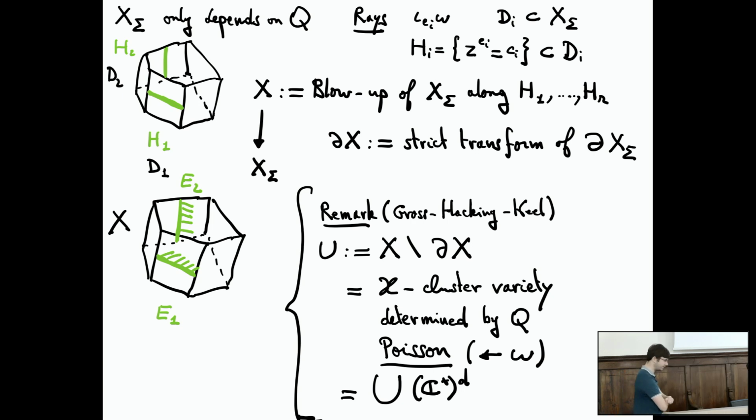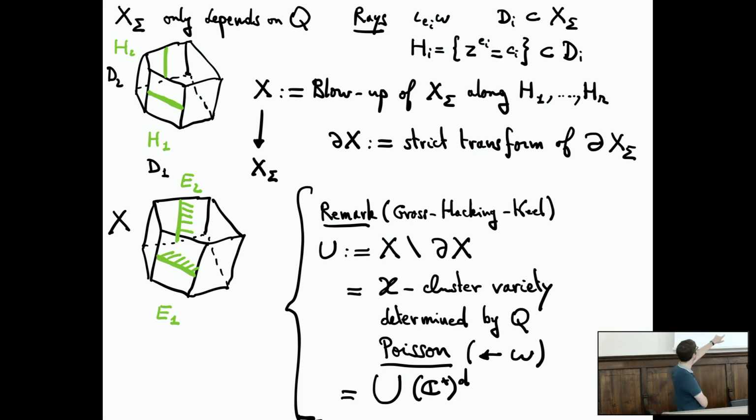The traditional description of this cluster variety is by gluing copies of C star to the D, which are indexed by mutations of the quiver Q. And it's a result of Gross-Hacking-Keel that really the same geometry can be described in this language of non-toric blowups of toric varieties.